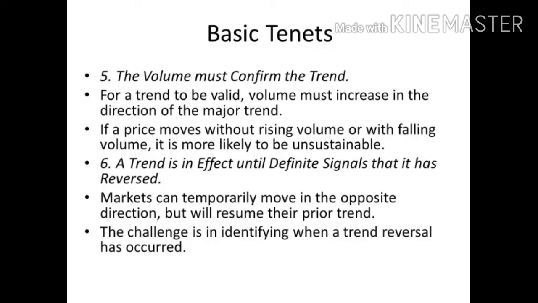Well, the more volume there is, the more market participants there are. So Dow believed that if prices move alongside rising volume, then it meant that the entire market was convinced by the price move. Right? So if there's an uptrend and there's lots of volume, high volume with that uptrend, it means that the market is convinced of that stock going up and being worth more.